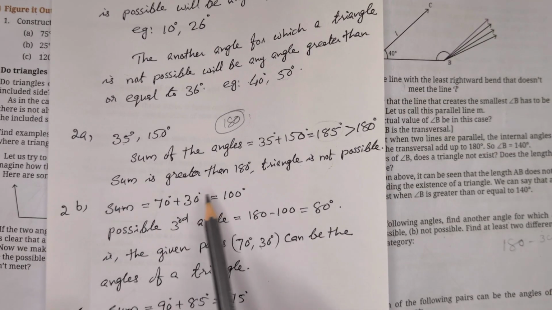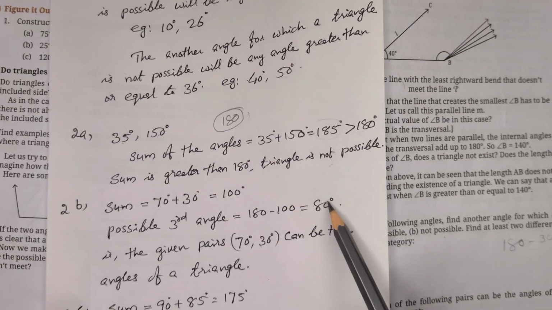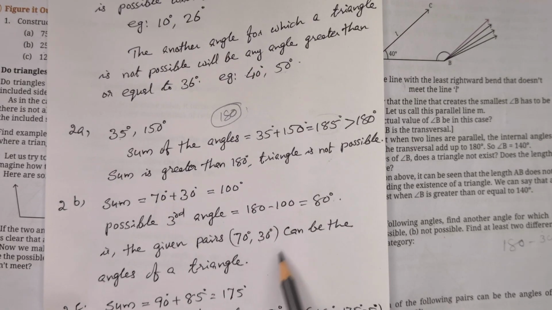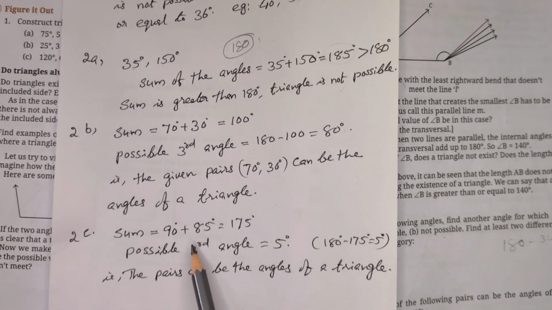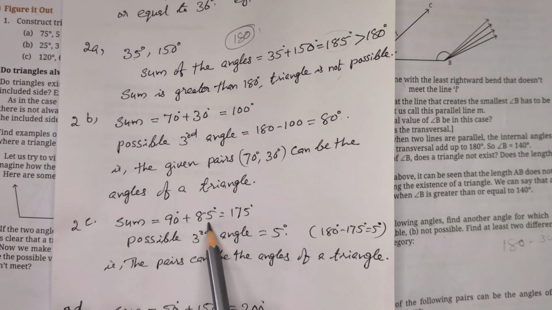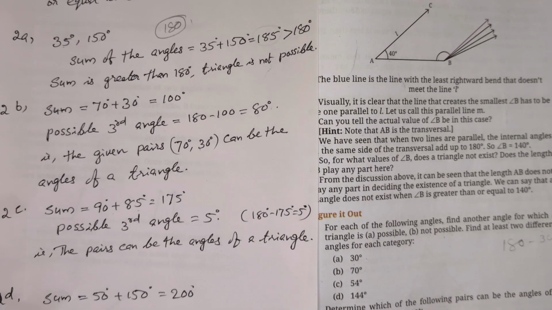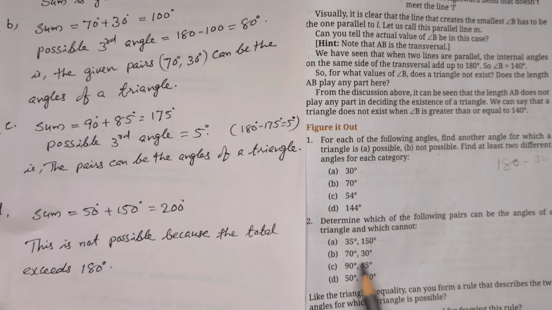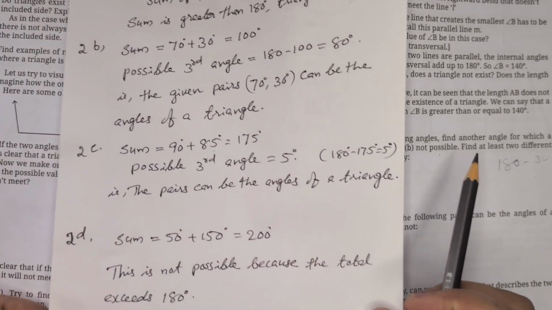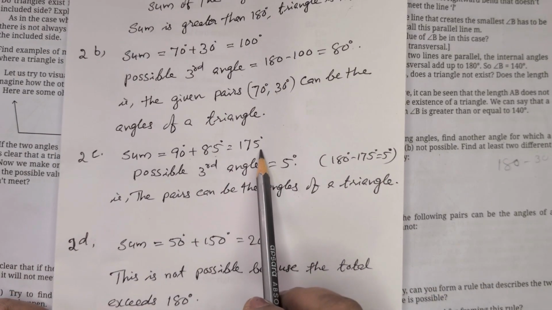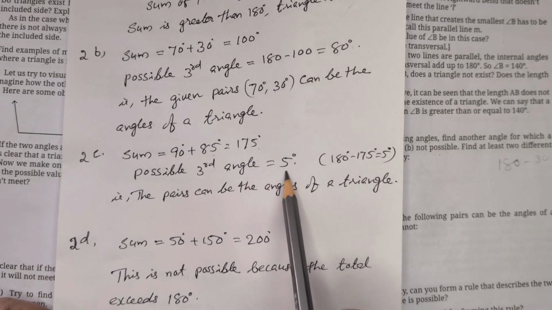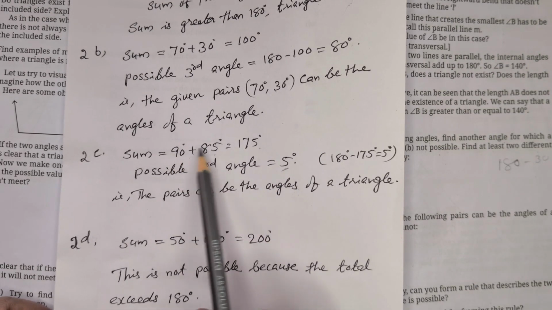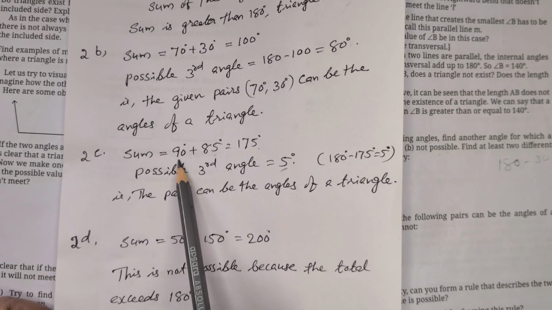Second case, 70 plus 30, that is 100 only. So the third angle can be 80. Then that triangle is possible. Third case, 90 and 85. The measurements given are 90 and 85. When we are adding, 175 is coming. So the third angle possible is 5 degree. That also can be constructed.